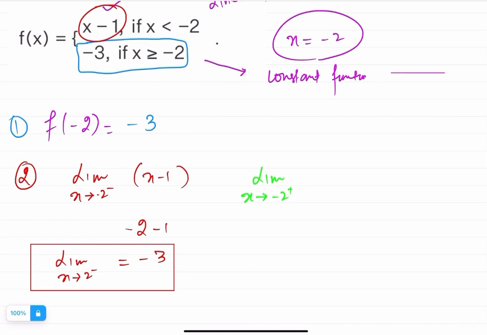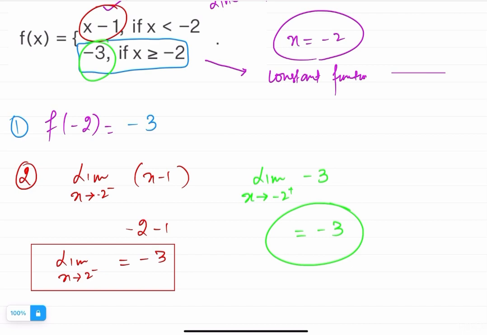For this, we will have to take this piece, that is -3. Since this is a constant function, it doesn't matter where you approach, its limit value will always be equal to that constant number, that is -3. So this is the right hand limit, and this is the left hand limit. Are they equal? Yes, they are equal.